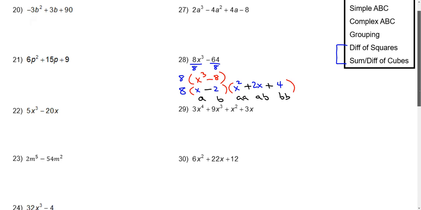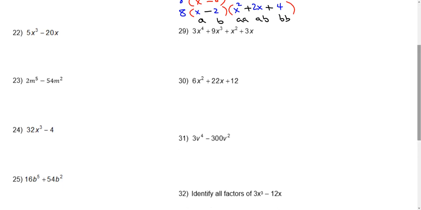Looks like we have quite a few binomials. So number 22, it looks like it's going to be a cubed, but this has an x also. So we pull it out with the GCF. When you take out the GCF, the parentheses is going to be like your new problem. So you're left with x squared minus 4.